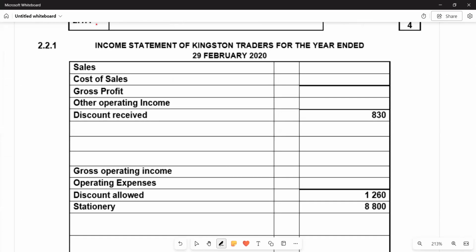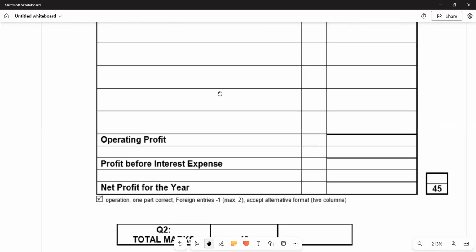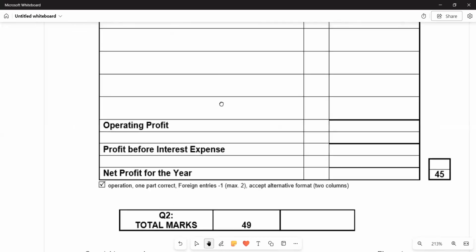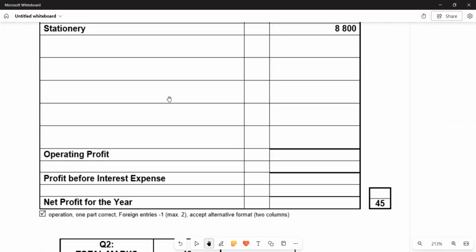We've got some pre-entered figures there: discount received, discount allowed, and stationery. If you go down, you'll see that those are the only figures that are pre-entered. And let's take note, our question has 45 marks.